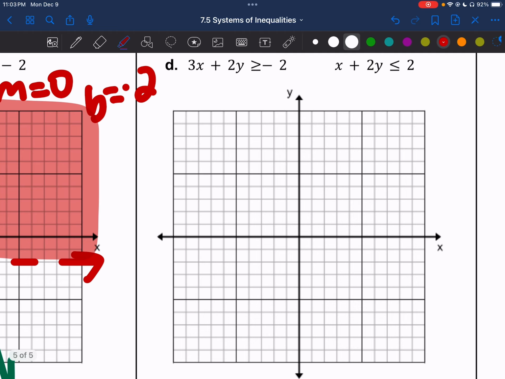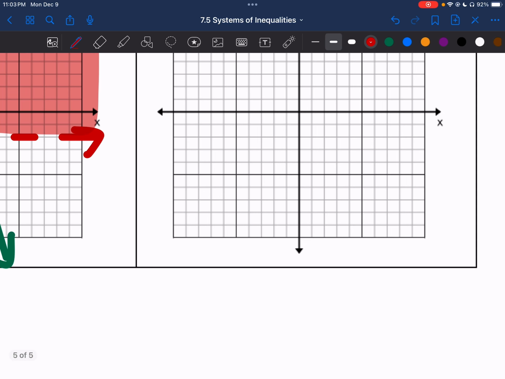All right, letter D, we need to solve both of these inequalities for our y value. So I'm going to actually do the solutions down below. So I'll rewrite them. So we have 3x plus 2y is going to be greater than or equal to -2.